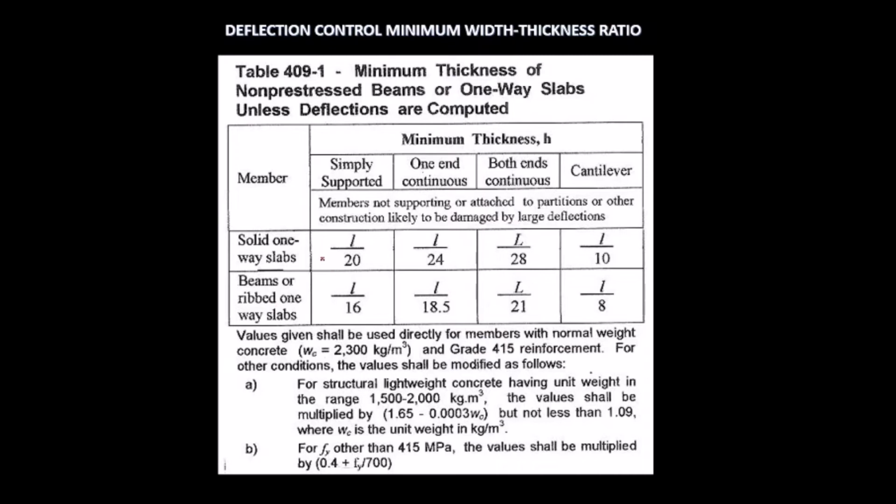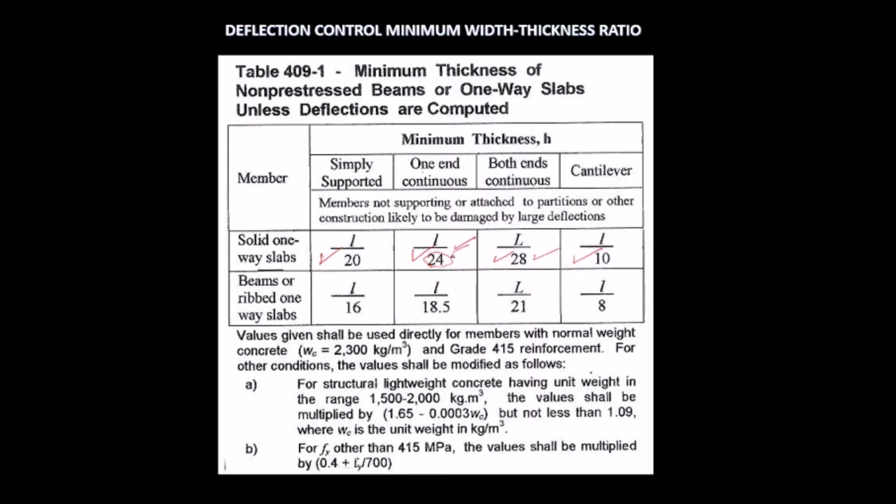We have L over 20, L over 24 for one end continuous, L over 28 for both ends continuous, and cantilever L over 10. So both ends are continuous. Ibig sabihin continuous beam ito. One end continuous. So, ibig sabihin ito. One end is continuous. So, pwedeng parang overhanging beam.